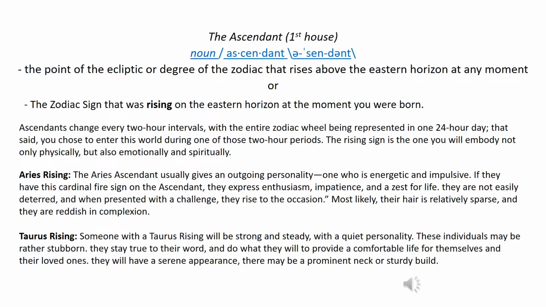Other people can see what we look like. We have characteristics and body types, and that is the rising sign. It's like a door through which we express and activate our inner motivations and psychological needs in our immediate environment, right there in front of us.